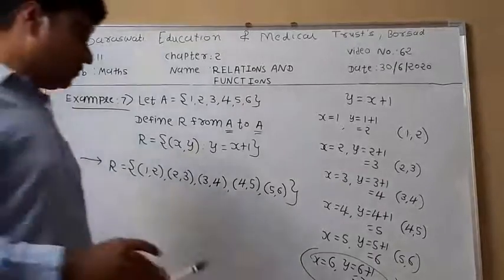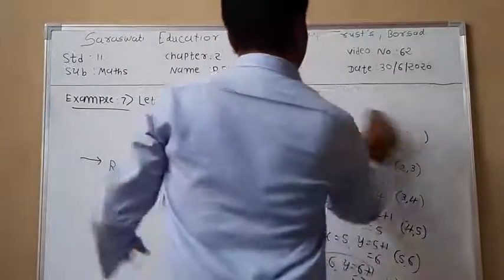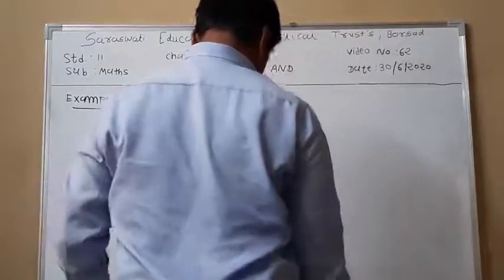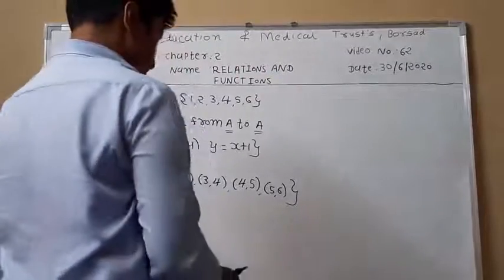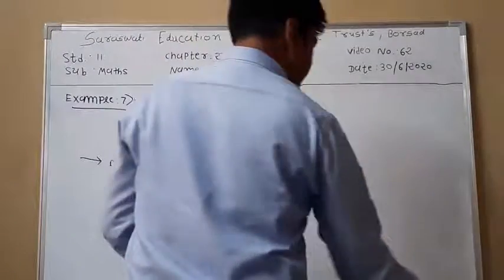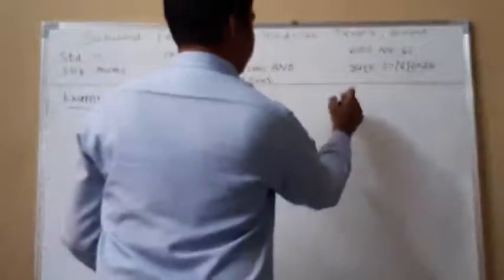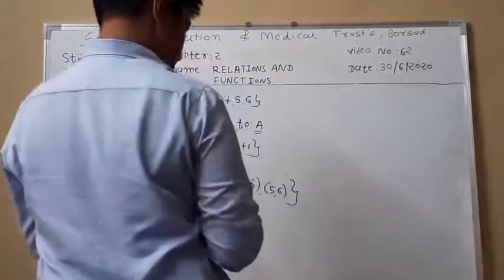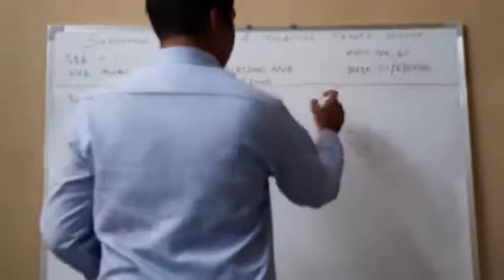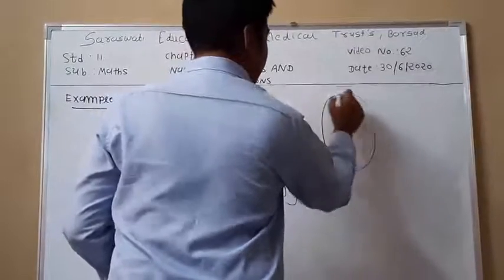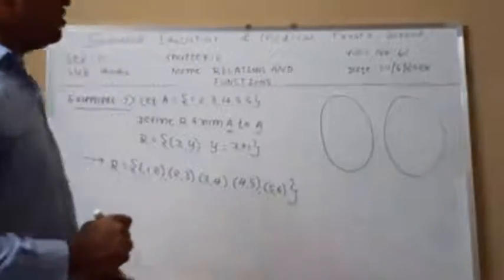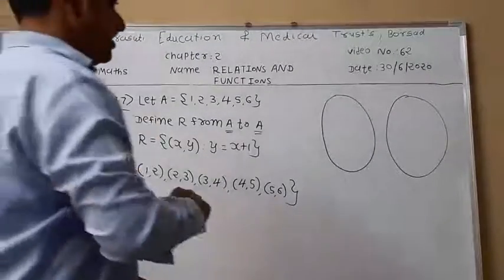Okay, now after this, we represent the ordered pairs in a Venn diagram, that is, an arrow diagram. So how can we represent it? See here, first of all we can draw two sets.